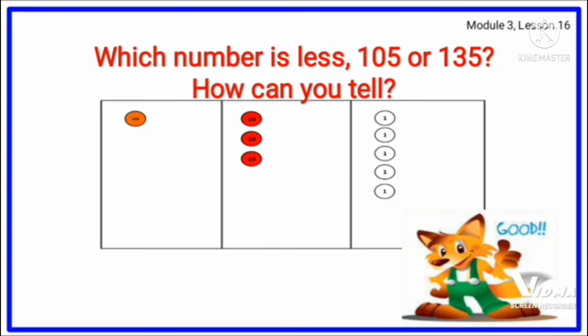I saw that 105 does not have any 10, but 135 has 3 tens. That is already 3 tens more than 105. That's how we check. Let's check the hundreds, they're the same. But the tens, 135 has 3 tens more than 105.